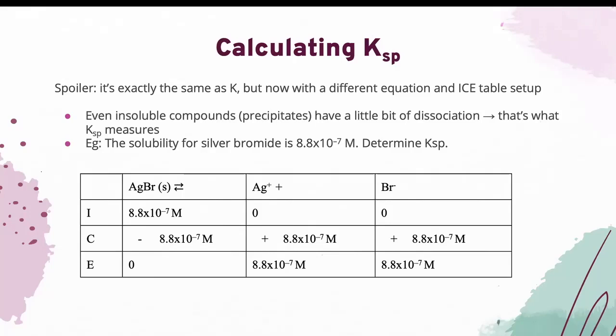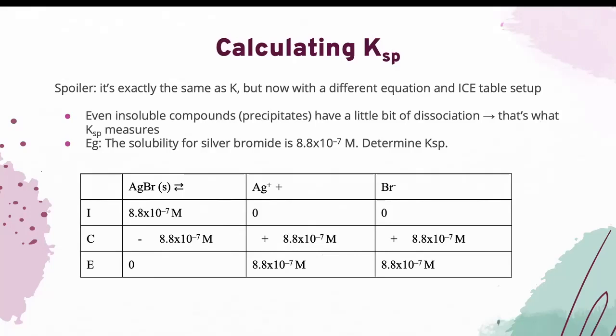That's how much we put in at the start of our equilibrium reaction. And we use an ice table for these problems, just like you do with regular equilibrium problems. So the idea is that this concentration of silver bromide is fully going to dissociate into Ag plus and Br minus ions, which is why that's the equilibrium concentration of those ions.